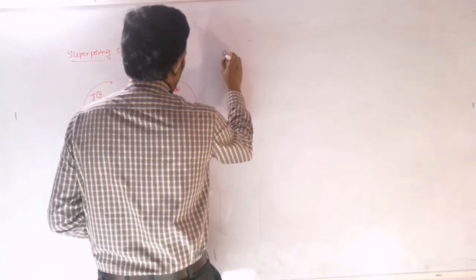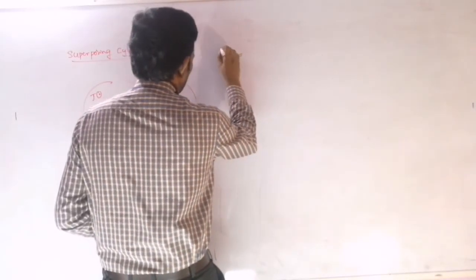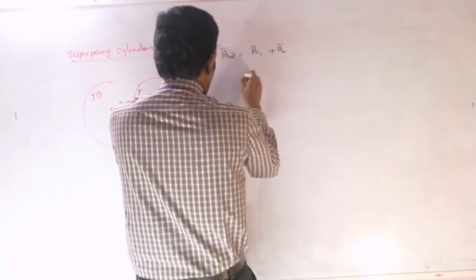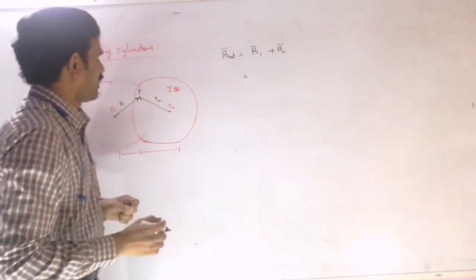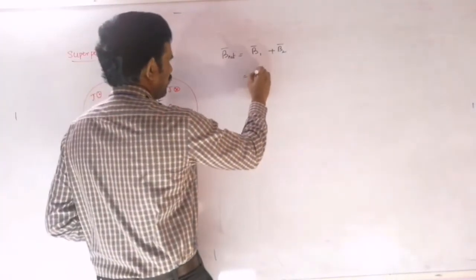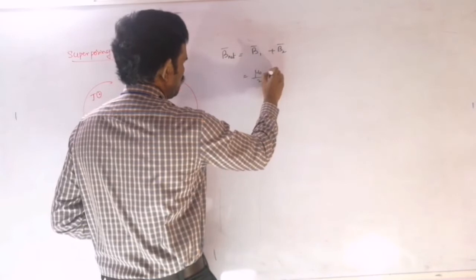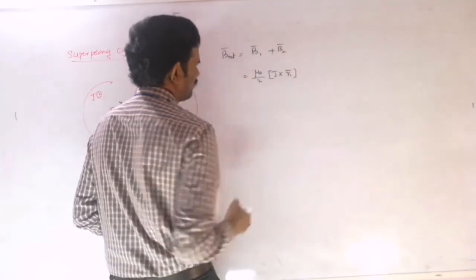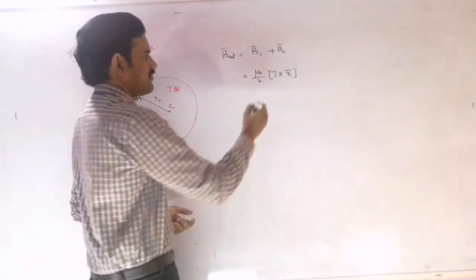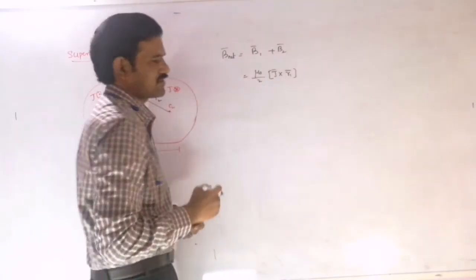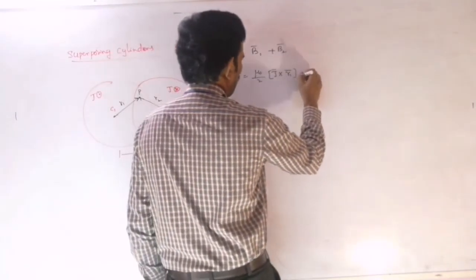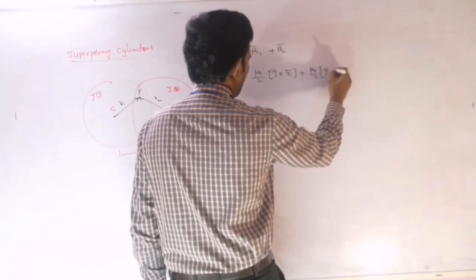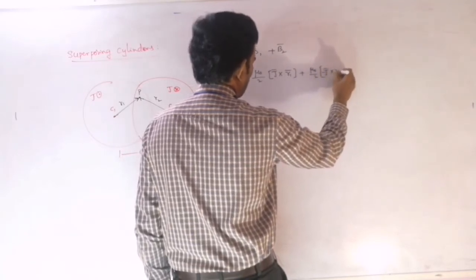So the net magnetic field at that point is the magnetic field due to the first one plus the magnetic field due to the second one. This is a vector addition. B1 is mu naught by 2 into J bar cross R1 bar, and automatically you get the value in vector form. Plus the second term, mu naught by 2 into minus J bar cross R2 bar.